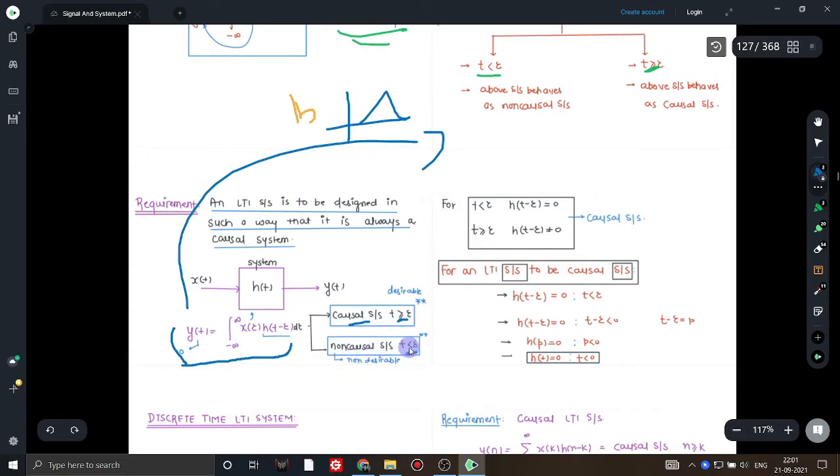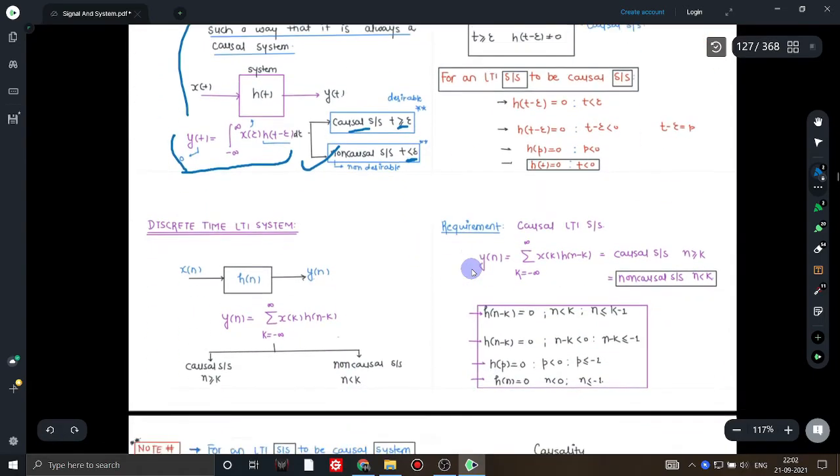And if t is not greater than or equal to tau, if it is less than tau, then it is a non-causal system. So this is the condition that we got for an LTI system to be a causal system.